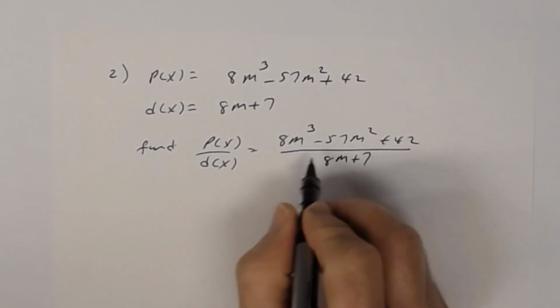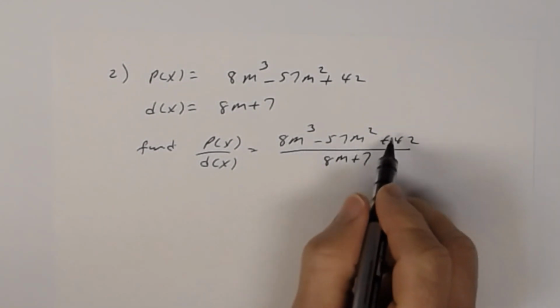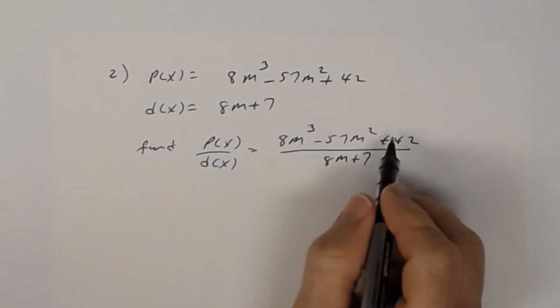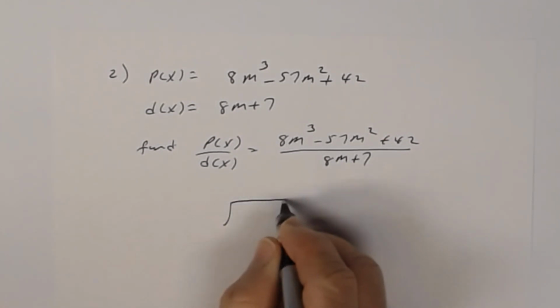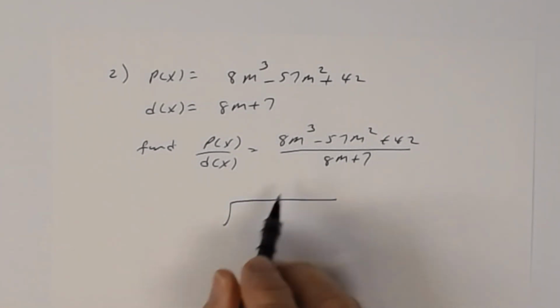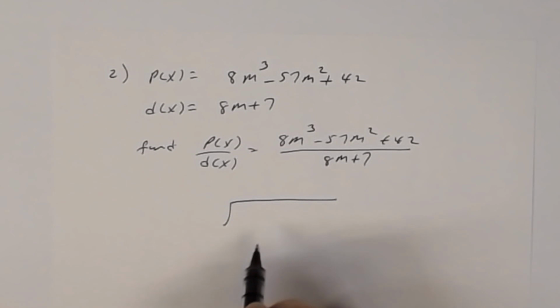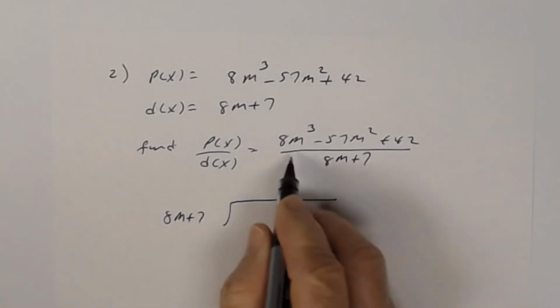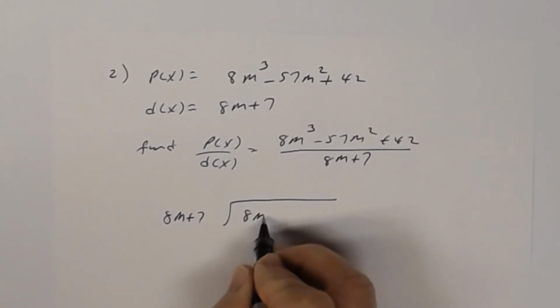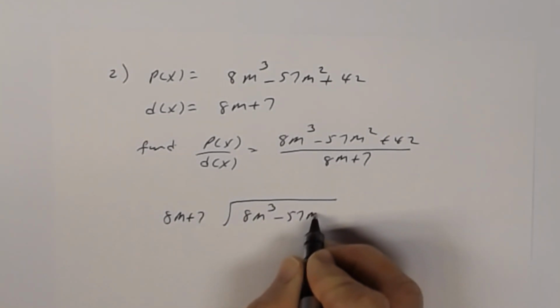Now they're both in descending order, but if you notice, the dividend, the numerator, is missing the m term. So when I rewrite this in long division, I'm going to have to put that missing term here. So I get 8m plus 7, and then this becomes 8m cubed minus 57m squared.